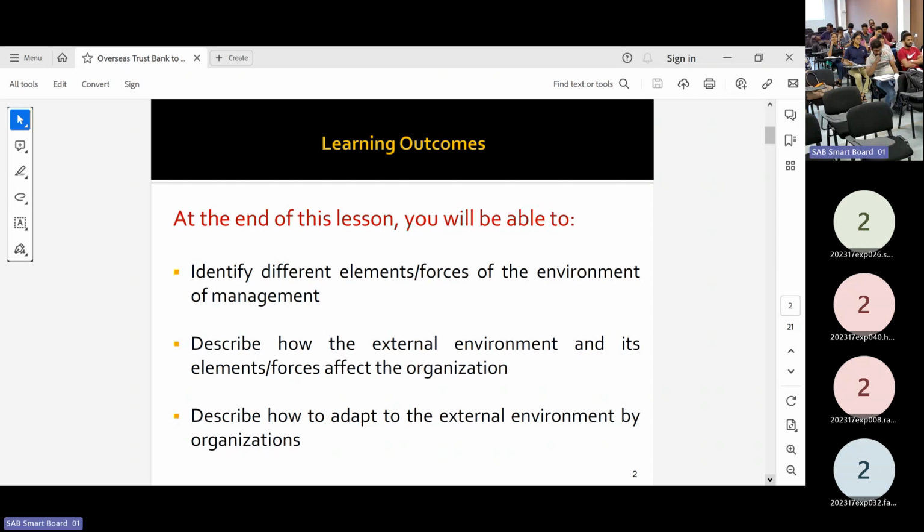After identifying, we have to describe it, especially the external environment and its effect on the operations and performance of the organization. We also should know how to describe the way organizations and managers try to adapt to the external environment.